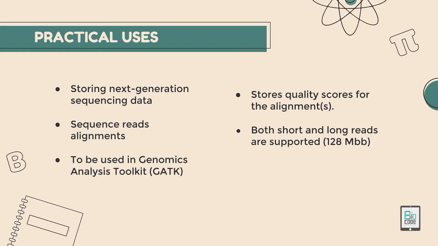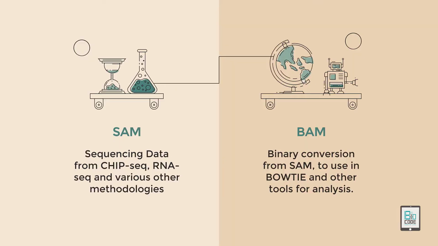What are the practical uses? Practical uses include that it is used to store next generation sequencing data. It contains sequence read alignments, and it is used in the Genome Analysis Toolkit, which contains a plethora of tools for genomics analysis. Then it is also utilized for storing quality scores for the alignment, and it supports both short and long reads up to 128 Mbp, which basically means megabase pairs.